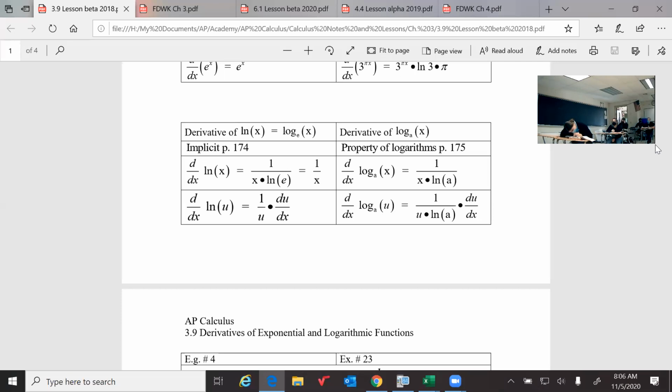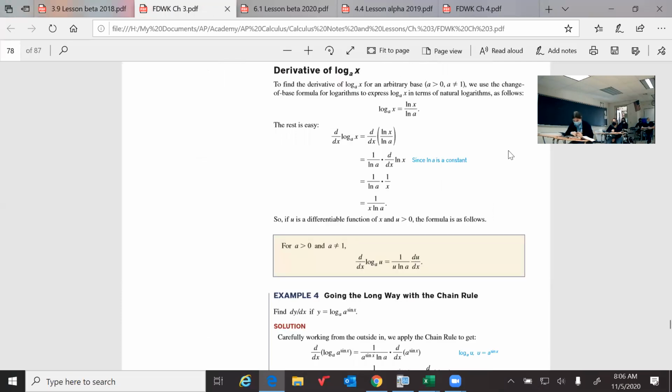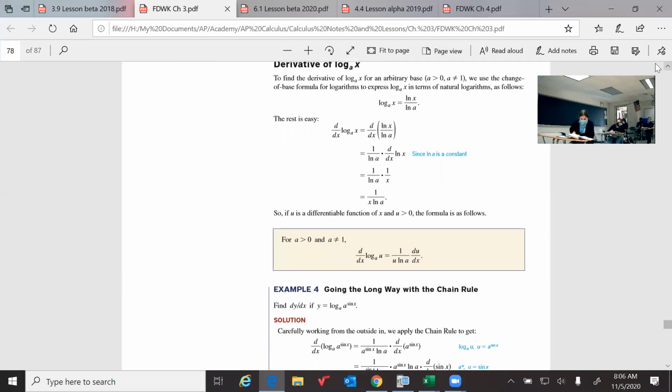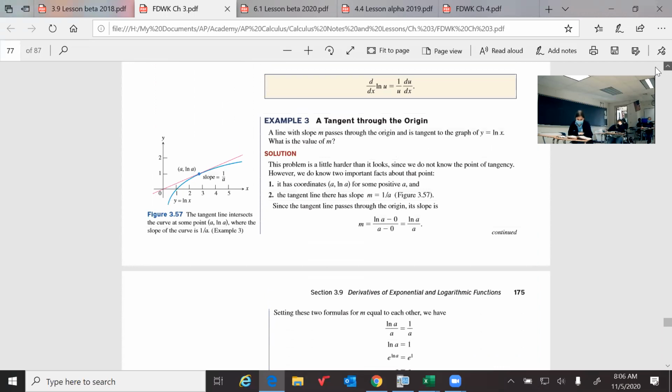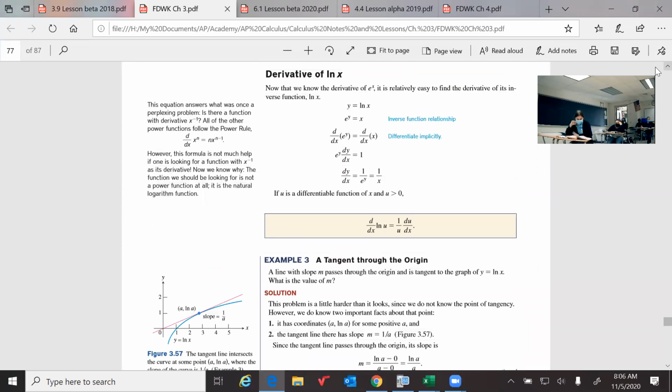I'm referring you to the derivation in the book on page 174. Let's find the derivative of ln x. Again, this is a subset of the general case.